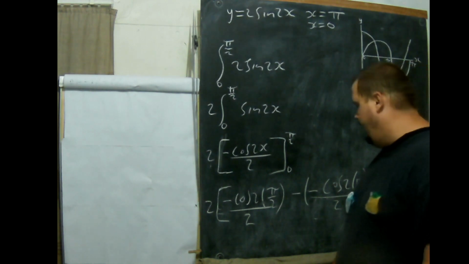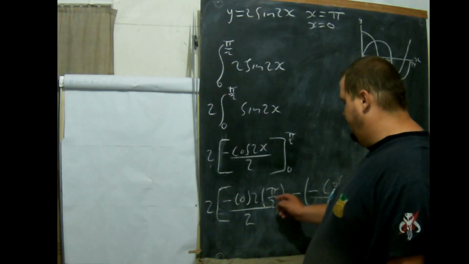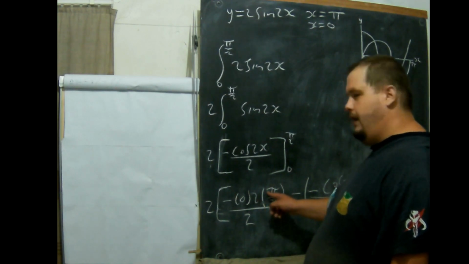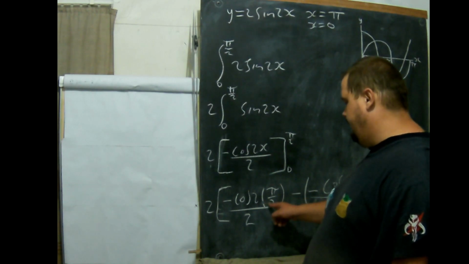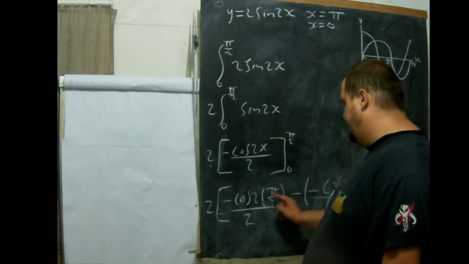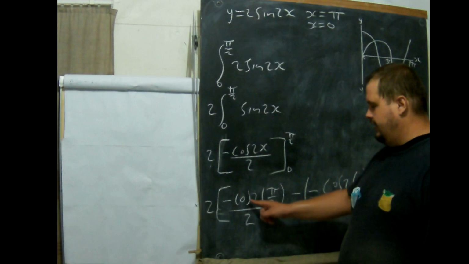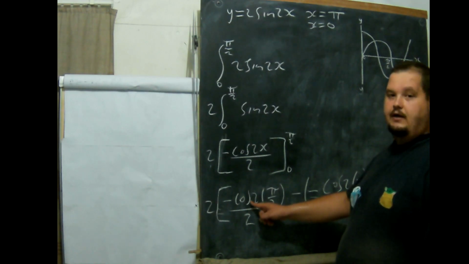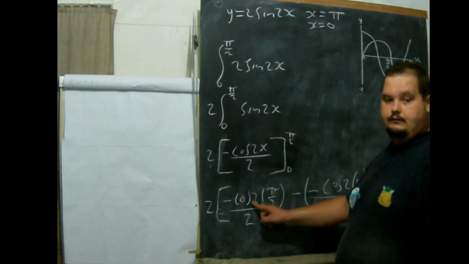Now, 2 times pi over 2 is 2 pi over 2, which is pi, because the 2s cancel. And cos of pi is -1.